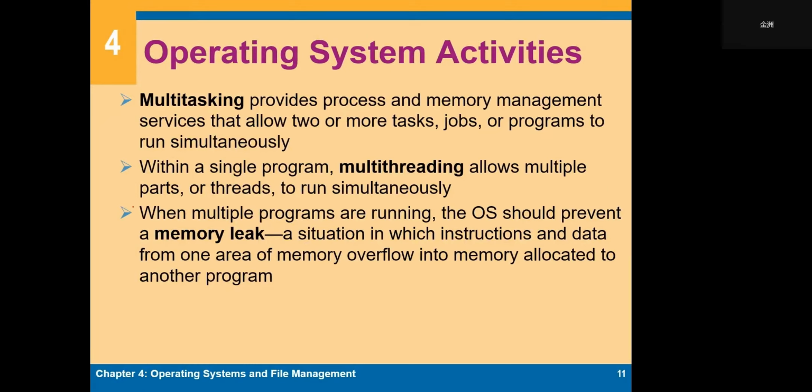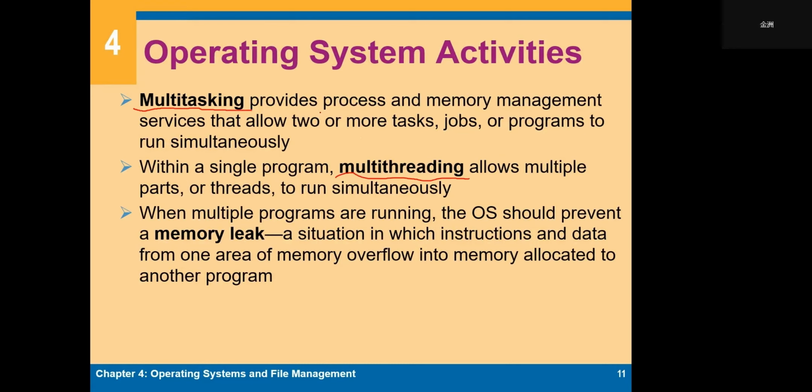Okay, so let's check. At the very beginning, we asked a question, and we said multitask, and we also listed several others like multi-thread or multi-process. So what do these different keywords represent? Firstly, multitask.